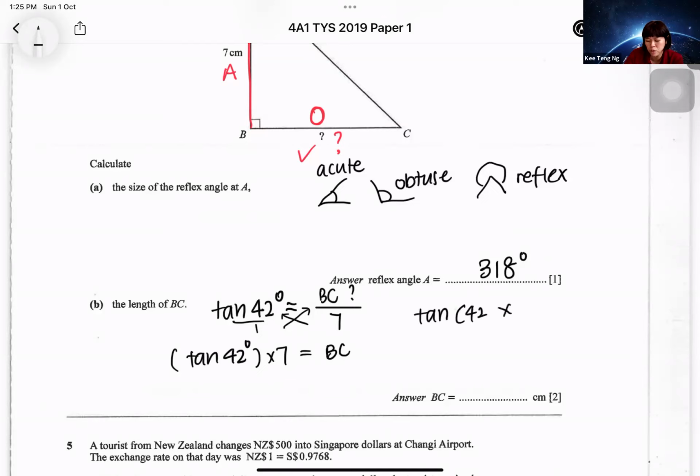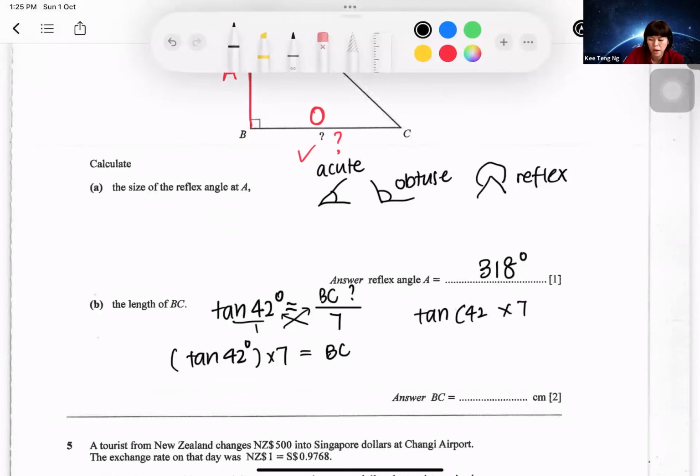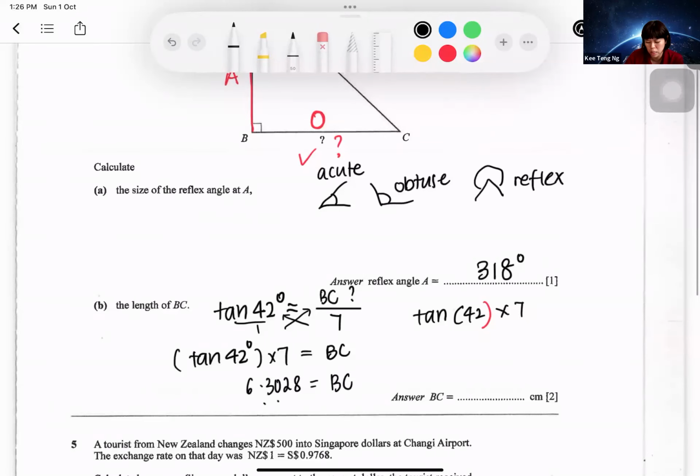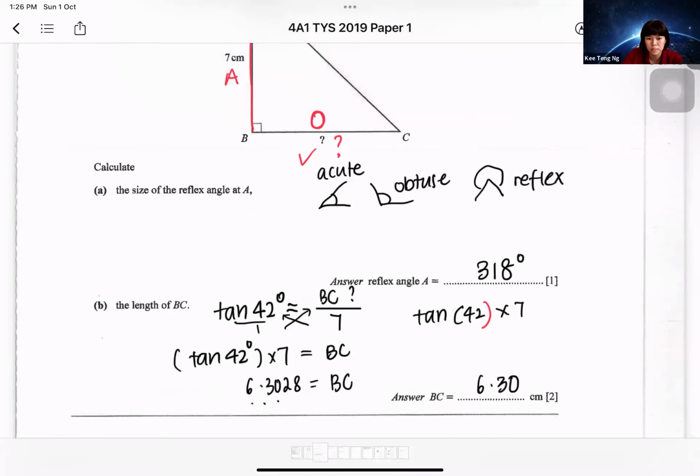If you don't pay attention and you put multiply by 7, it will not be a correct answer. Remember to close the bracket. Tangent 42 close, then times 7. Then you can get the correct answer, 6.3028 for BC. Rounding it off to 3 significant figures, 1, 2, 3, so 6.30. Have you gotten the answer?